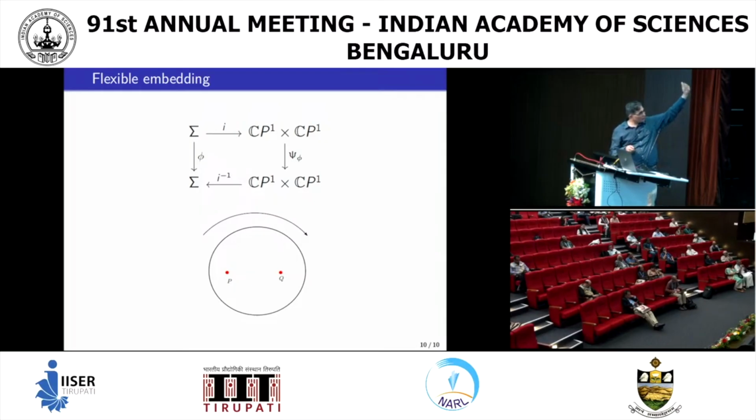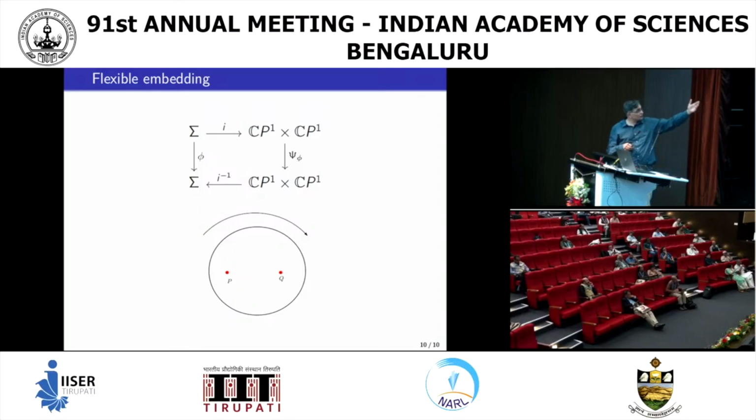Originally we had defined an embedding that extends to the equator, and now we restrict to a particular embedding with the property that any transformation of sigma, any diffeomorphism of sigma, actually comes from a continuous transformation of CP1 cross CP1.